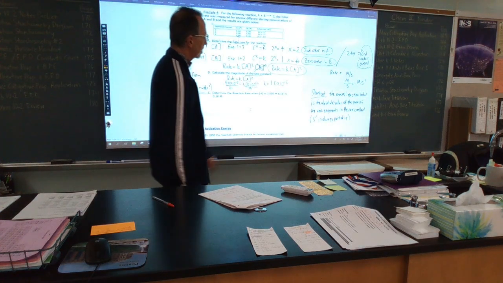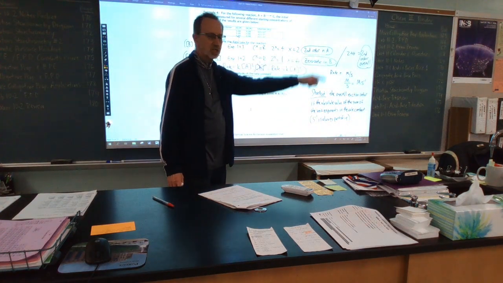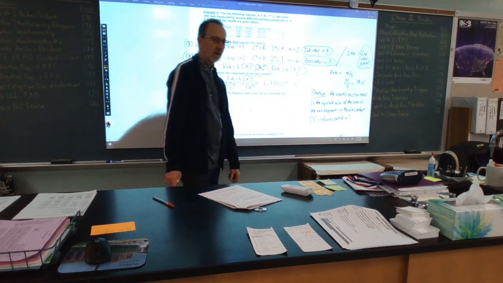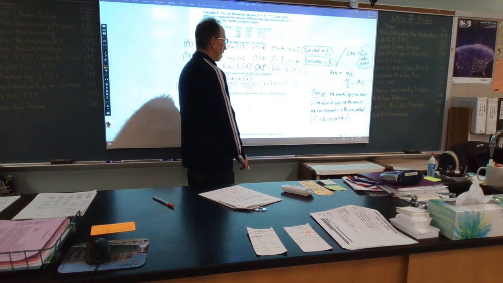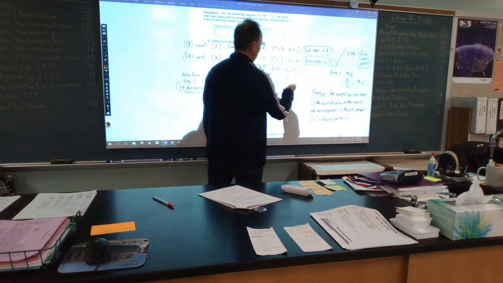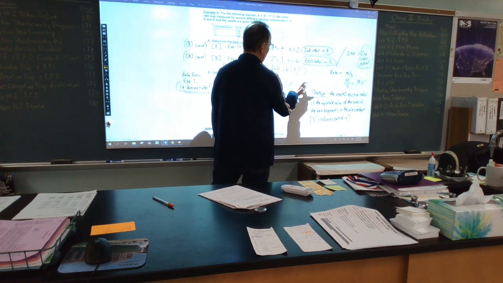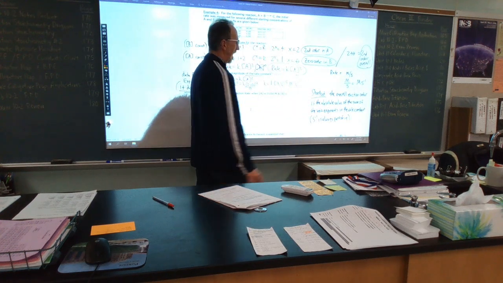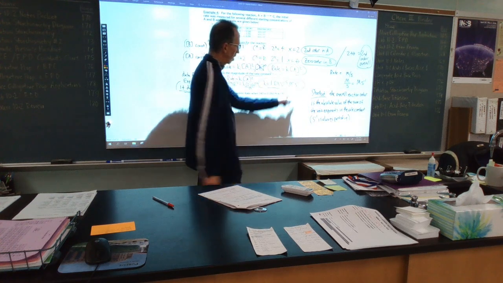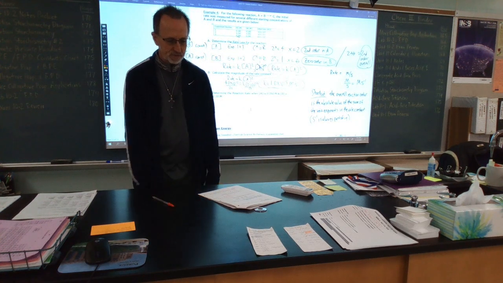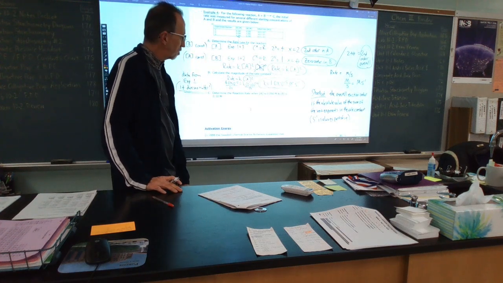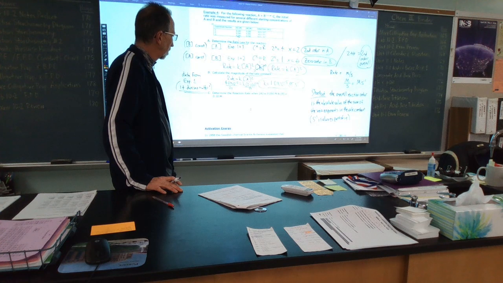So since this is a second order reaction, remember s to the minus 1, as long as it's not a 0 order reaction, is going to be there. And with a second order, the absolute value of these two exponents would have to add up to 2, so that's M to the minus 1, s to the minus 1. Absolute value of those two added up is 2. So M to the minus 1 is minus 1.